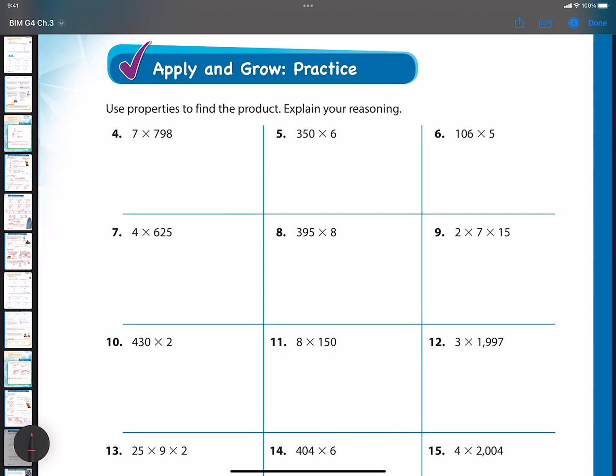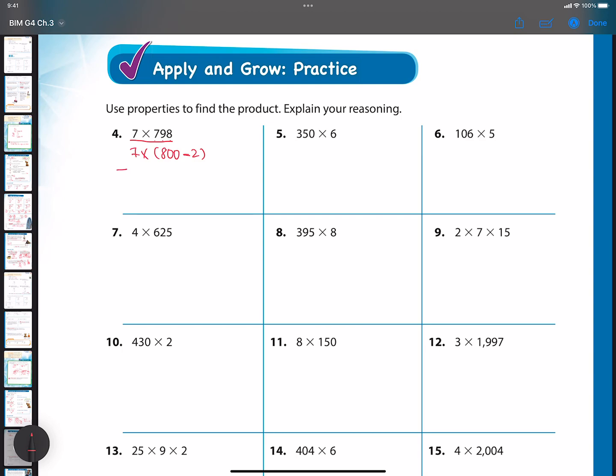Okay, so now I'm going to think this 798 is very, very close to 800. So I'm going to write 7 times 800 minus 2. Distributive property, but I'm using subtraction.